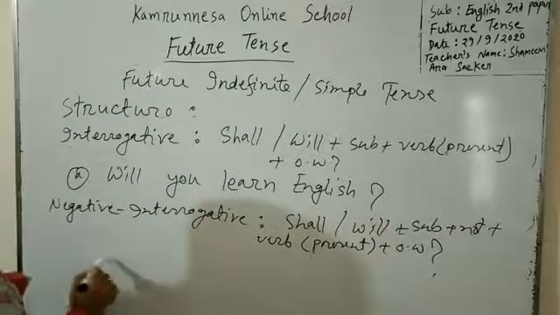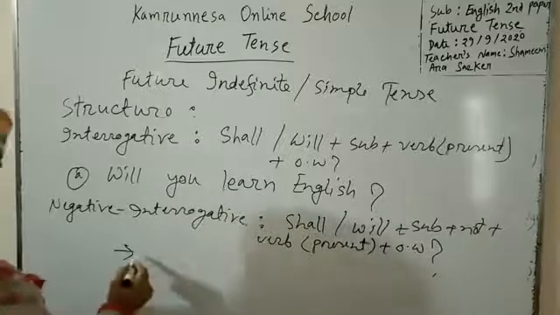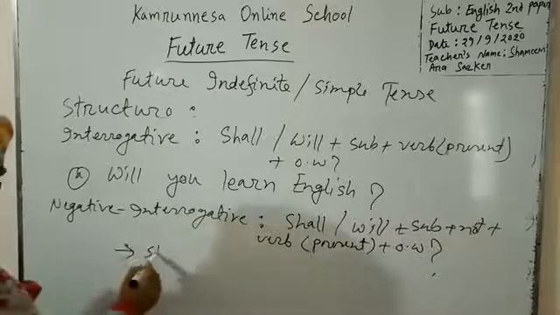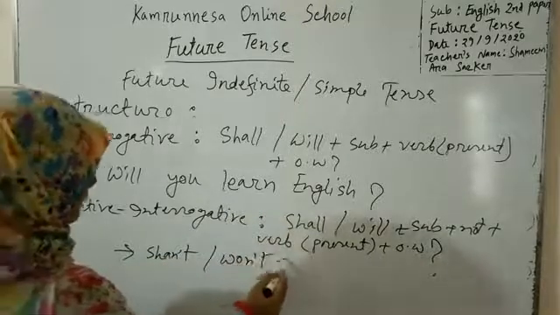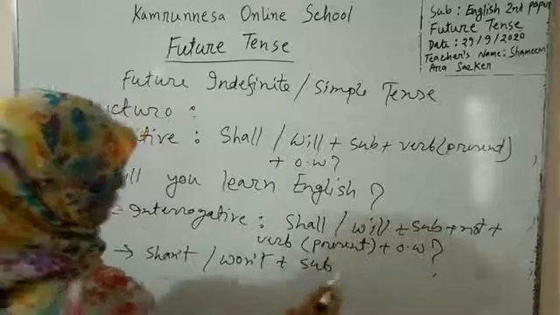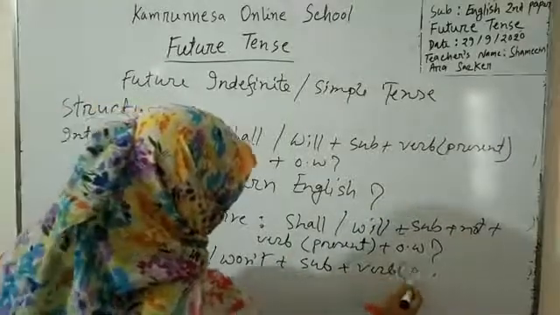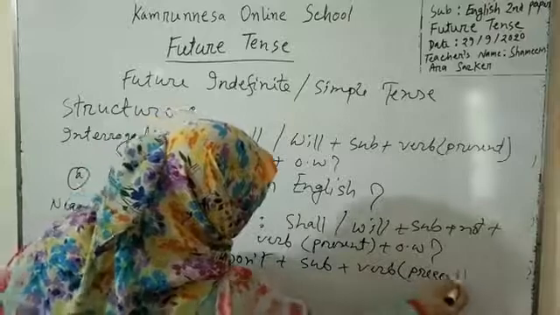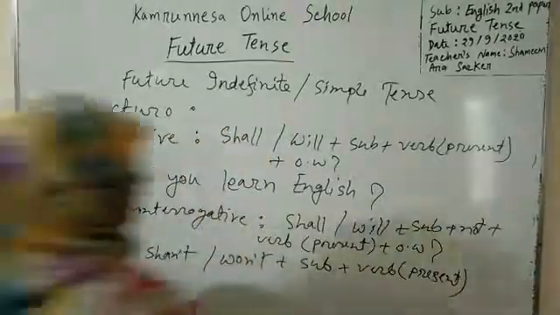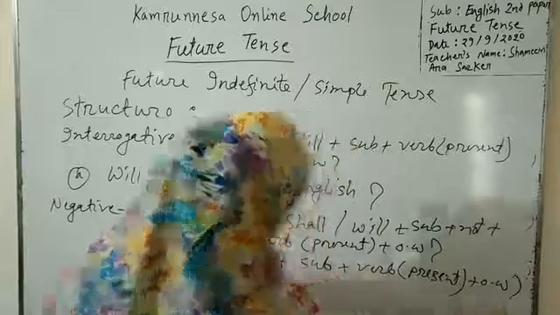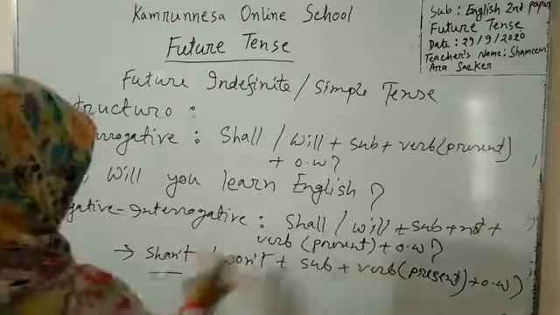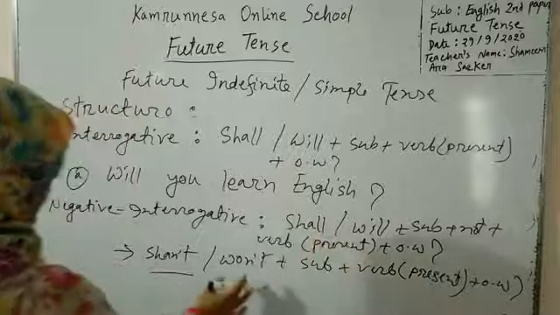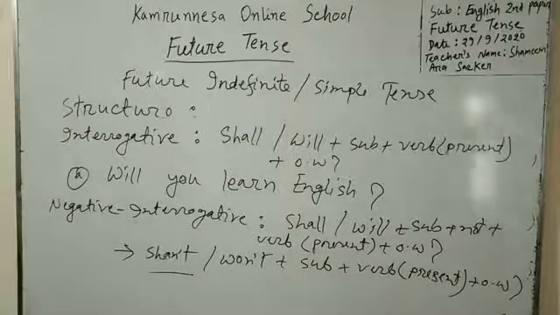Or it can also be replaced by contracted form shan't or won't plus subject plus verb in present form plus other word. Shan't or won't. Shan't is the short form of shall not, and won't is the short form of will not.